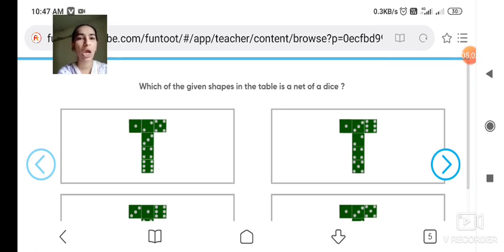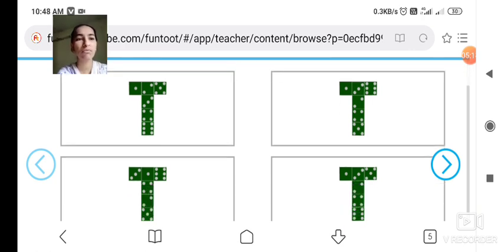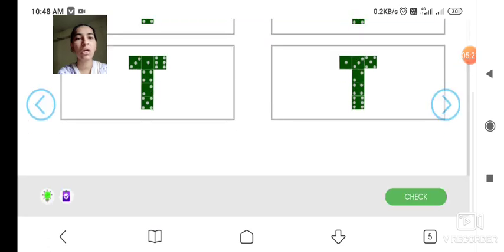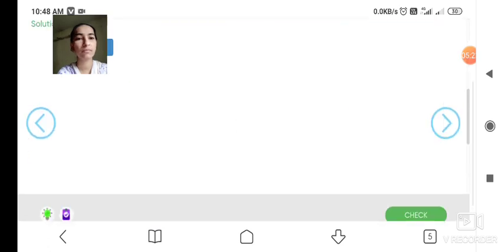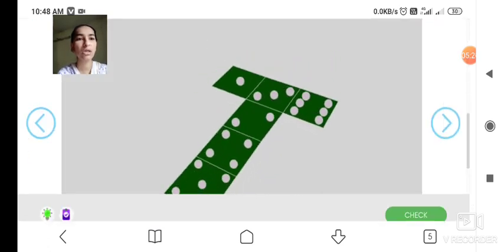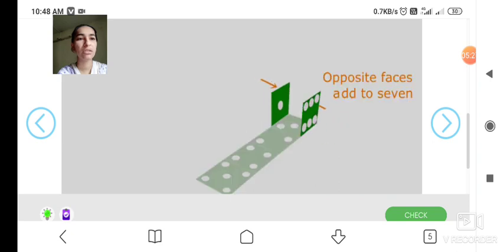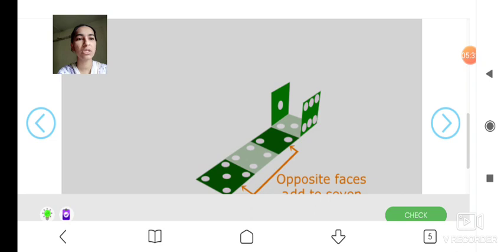If you have not recognized that, then take a dice and check whether the addition of opposite faces is 7 or not. Now we have to verify which of these 4 options is the correct net for the dice. If a net is like this, you can see opposite faces add up to 7.